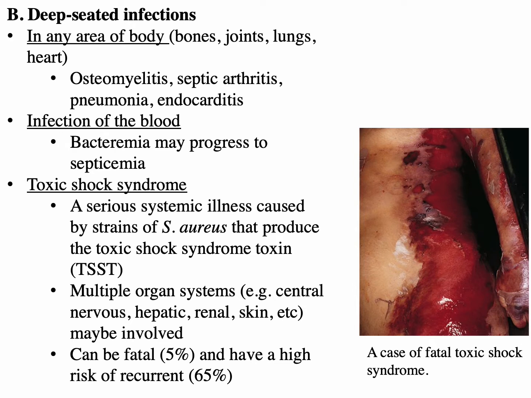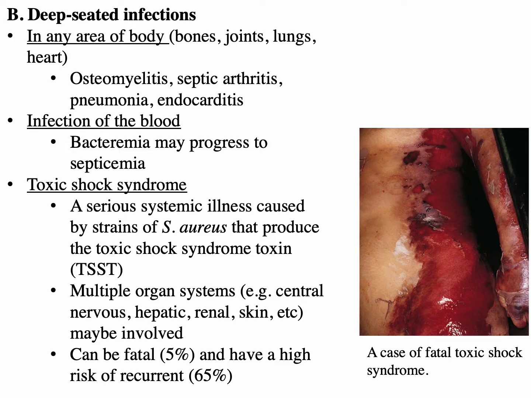And in the picture here, you can see this massive damage to the person's body from the hip all the way up to the arm, the chest, the side of the chest. This is a fatal case of toxic shock syndrome. So luckily this is not 100% fatal, it can be treated, diagnosed quickly and treated quickly.